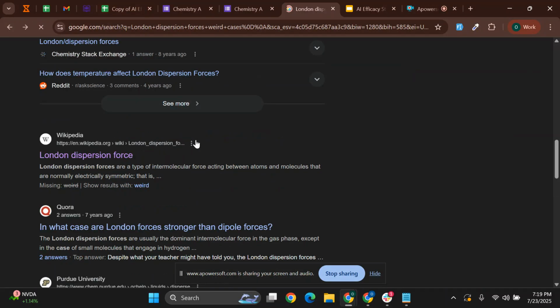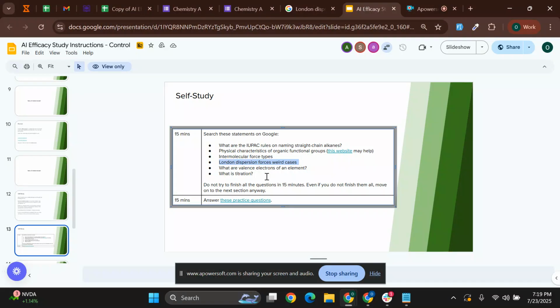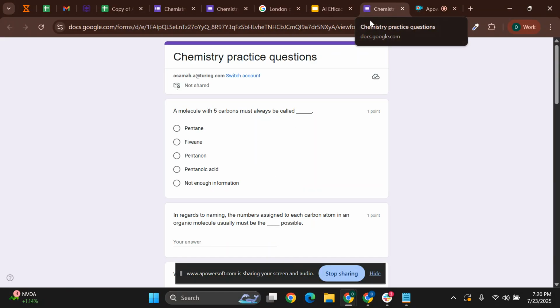Okay, so let's jump to this document to do some exercises. A molecule with 5 carbons must always be called pentane.